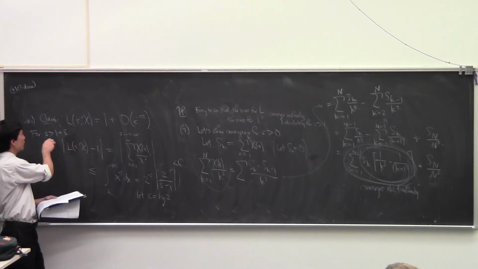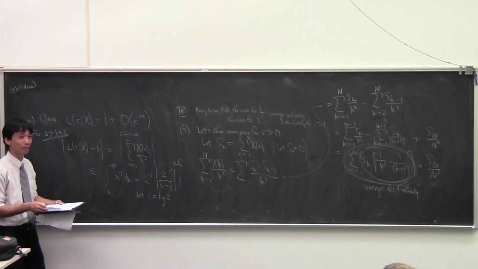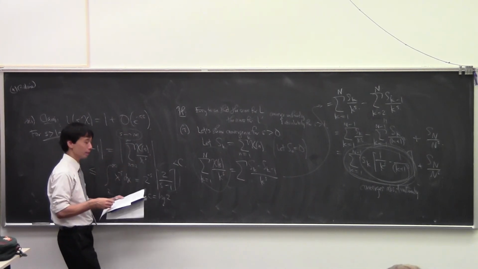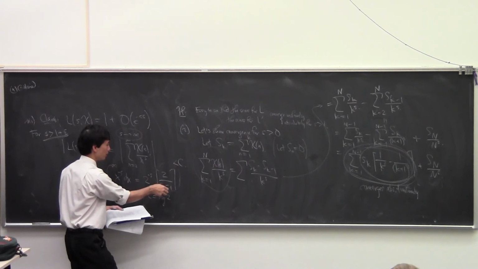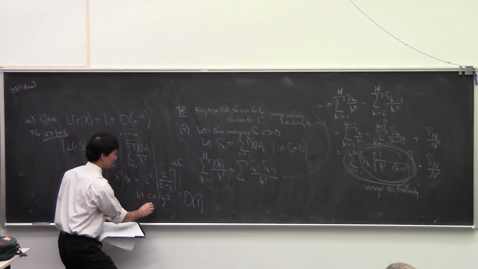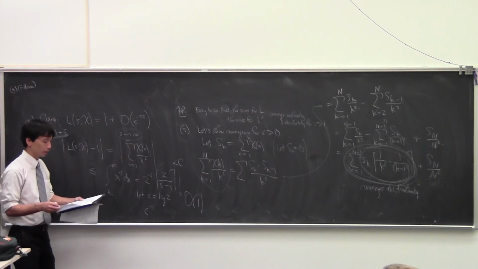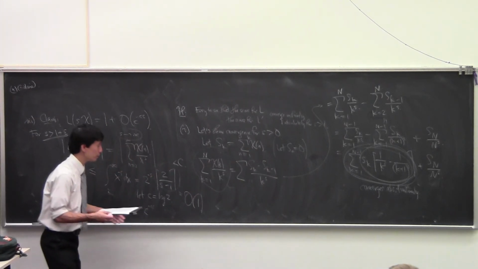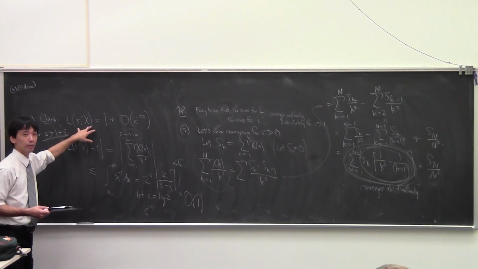So you do have to ensure that your s is sufficiently big. It has to be bigger than 1, which is okay because s is going to infinity. So this thing is bounded by some constant. This is your order 1 term, and then this is of course your e to the minus cs. And you can prove the other bound for the derivative in basically the same way.